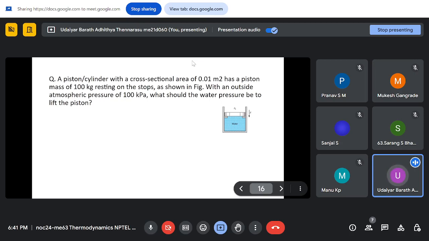I'll give you a hint: you have to do a force balance, or you can do a pressure balance also, either way you are comfortable with.